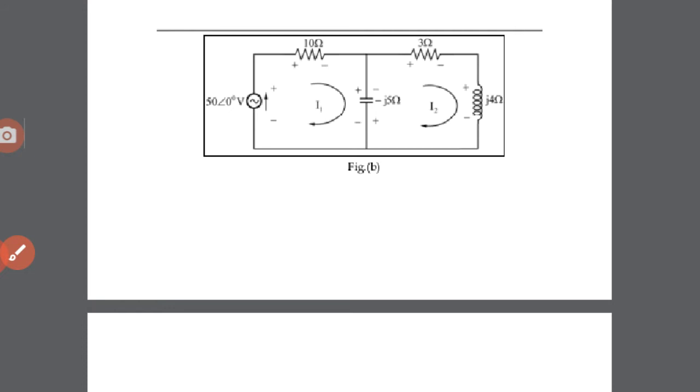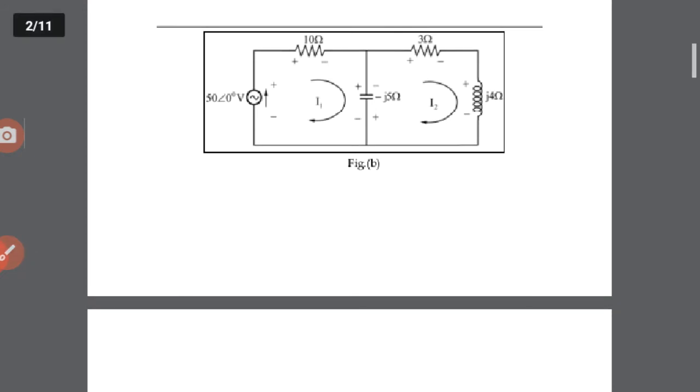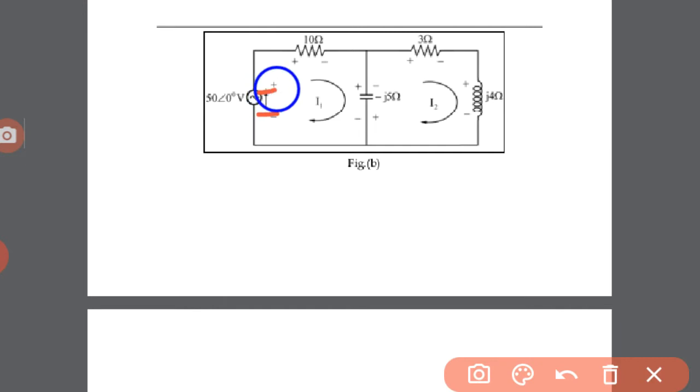Conventional current direction is from negative to positive. They indicate similar polarities: at this resistance, positive to negative, again positive to negative, and the conventional current direction is negative to positive.